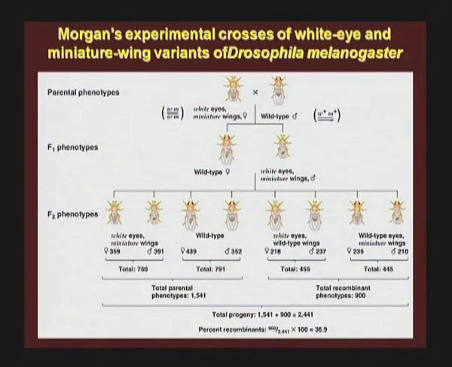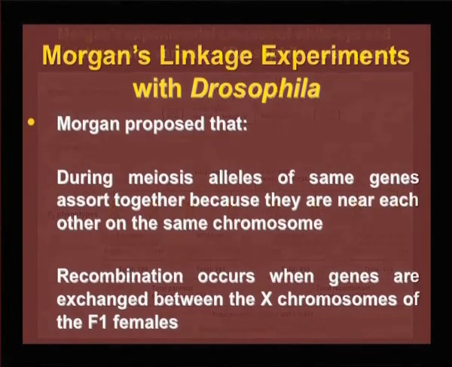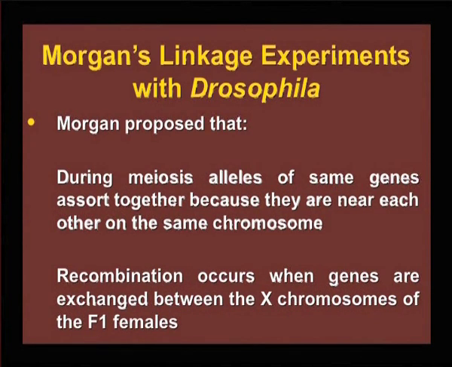Morgan's experimental crosses of white eye and miniature wing variants of Drosophila melanogaster are shown in this diagram, which has been described previously. Morgan's linkage experiment with Drosophila suggests, and Morgan proposed, that during meiosis, alleles of the same genes assort together because they are near each other on the same chromosome. Recombination occurs when genes are exchanged between the X chromosomes of the F1 females.